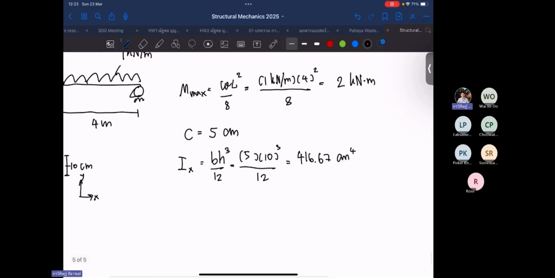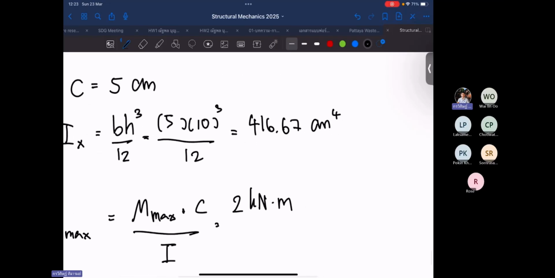Okay, now we have everything we need for the bending stress. So the maximum bending stress equals the maximum bending moment multiplied by c over I. So 2 kilonewton meter, but I and c are in centimeter, so it's more convenient for me to convert from meter to centimeter.